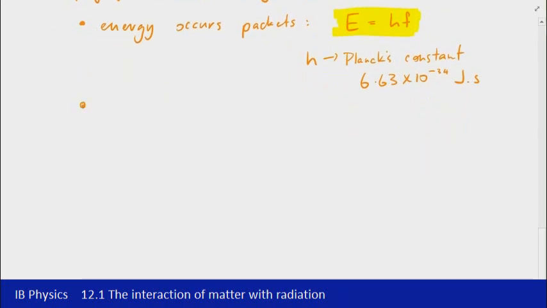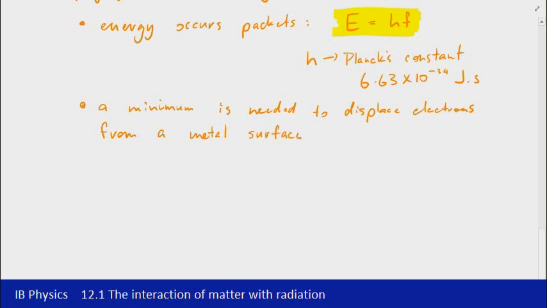The second thing that he proposed was that a minimum energy is needed to displace electrons from the metal surface. That makes sense when we think about our understanding of atoms, given that the electron is going to be fairly tightly bound in the metal lattice, so in order to pull it away from the lattice, you're going to need to do a certain amount of work on it. That means a minimum amount of energy is needed, and that minimum amount is known as the work function.